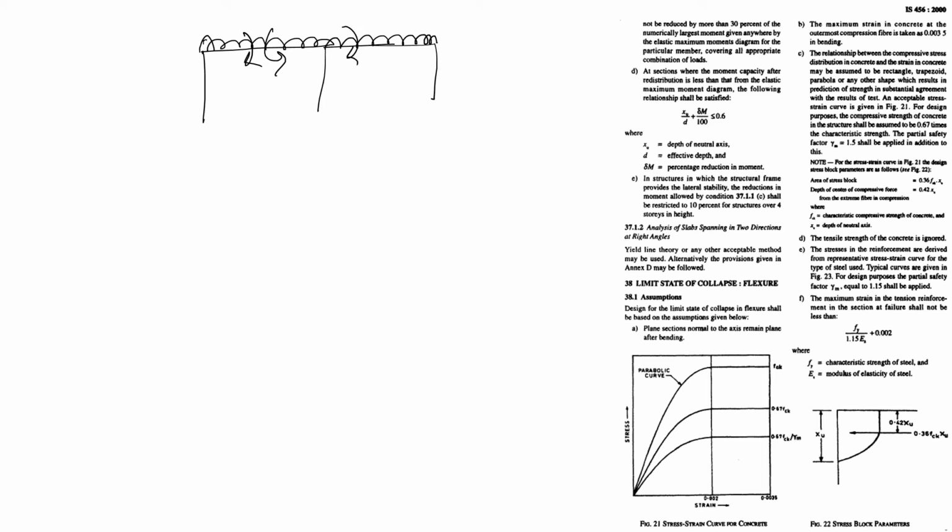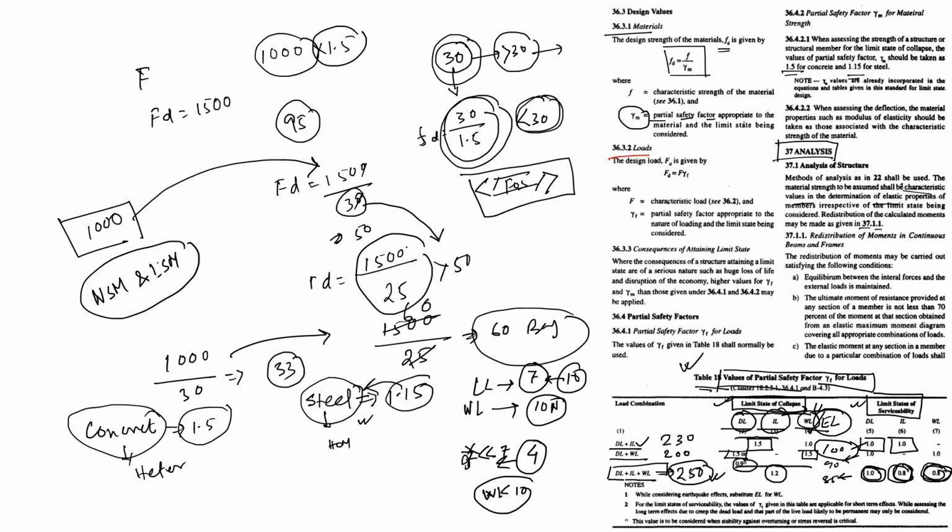Moment will generate. If moment is generated, then one part of moment comes here and one more moment comes here, as per the moment distribution law. That is why they are saying that redistribution of calculated moments may be made in 37.1.1. What do they say?